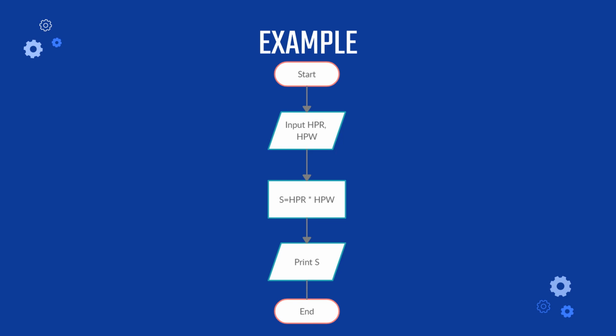Kasi, para makuha natin ang sahod or makalkula natin yung salary ng isang tao sa isang linggo, i-multiply lang naman natin kung magkano yung sahod niya per oras at kung ilang oras siya nagtatrabaho sa isang linggo. So, yun lang po yun. Salary is equals to HPR times HPW. And then, we will print the S or print the salary. And then, end.